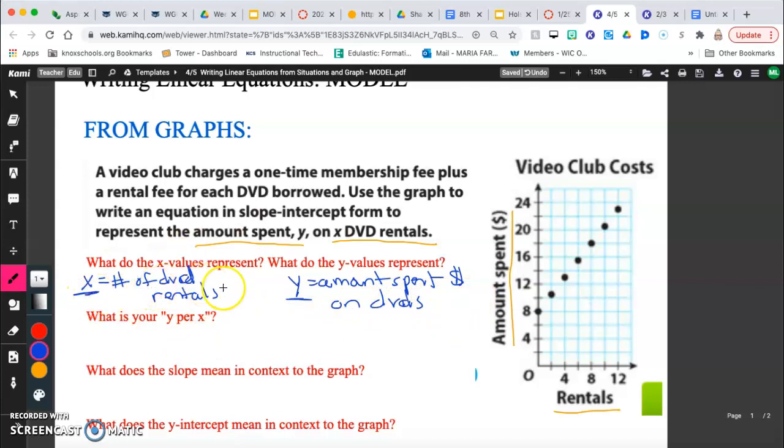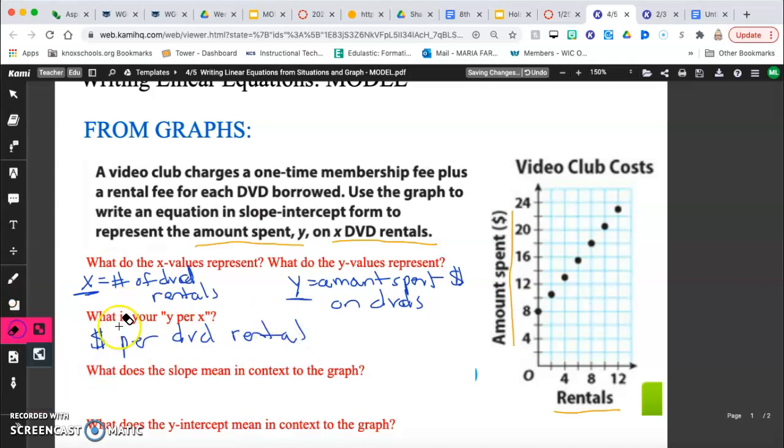My X is my number of DVD rentals. Then I'm looking for the money per DVD rental, or the money spent per DVD rental. So we're basically talking about what is the cost per DVD here. That's going to help us interpret what the slope means when we get to that point.